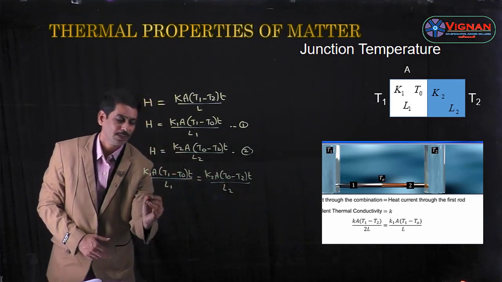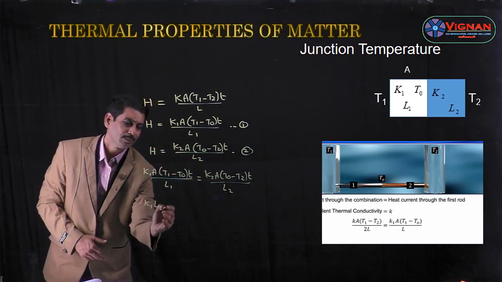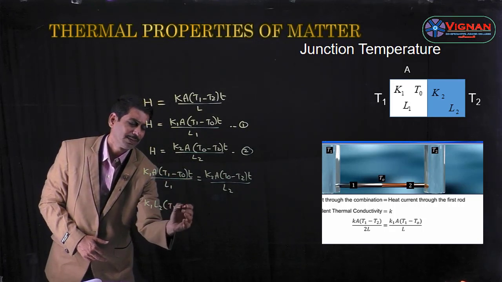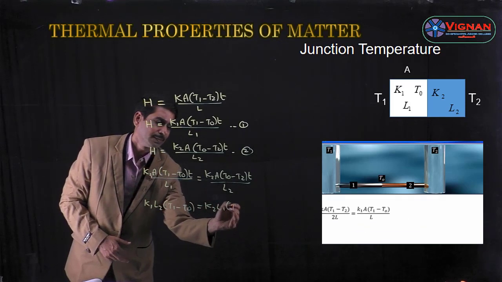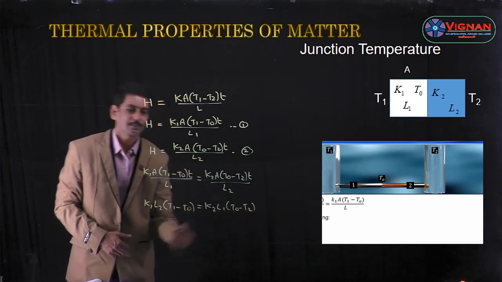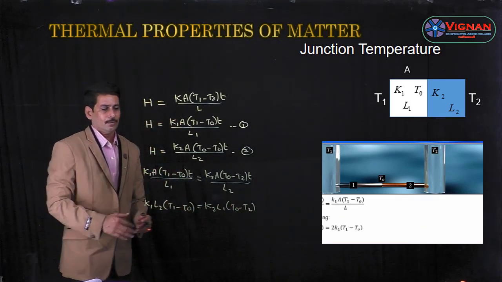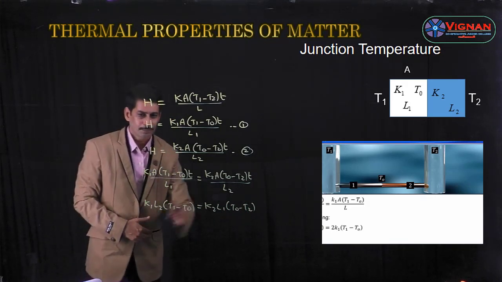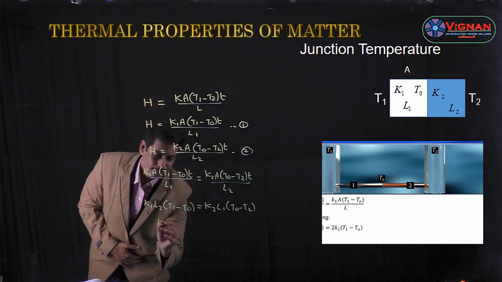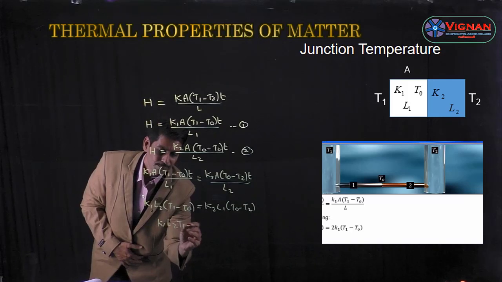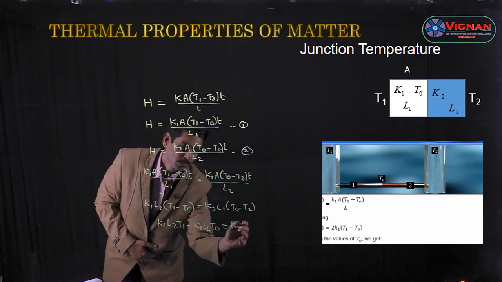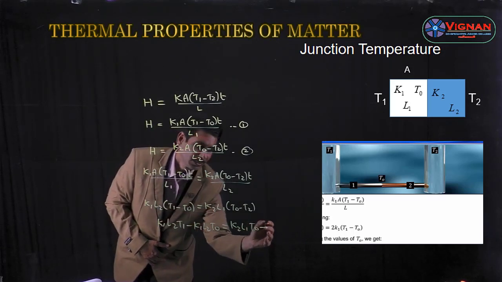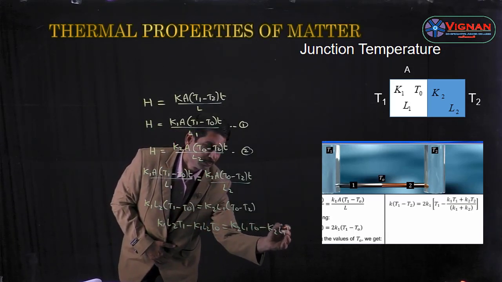Now cross multiplying you get K1 L2 into T1 minus T0 is equal to K2 L1 into T0 minus T2. Now expand this, so multiply, then we get K1 L2 T1 minus K1 L2 T0 is equal to K2 L1 T0 minus K2 L1 T2.